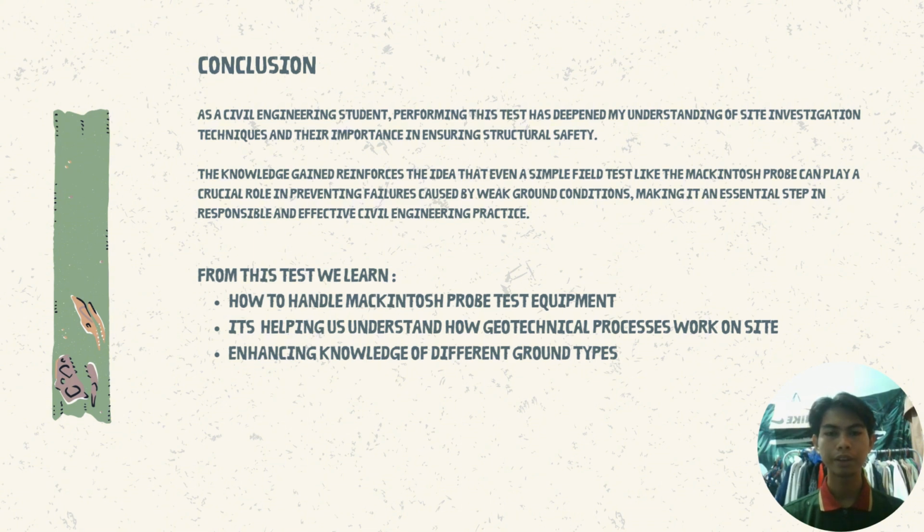So we know that this simple McIntosh probe test can play a crucial role in preventing failure caused by weak ground. So this test is important to know how the soil behaves.